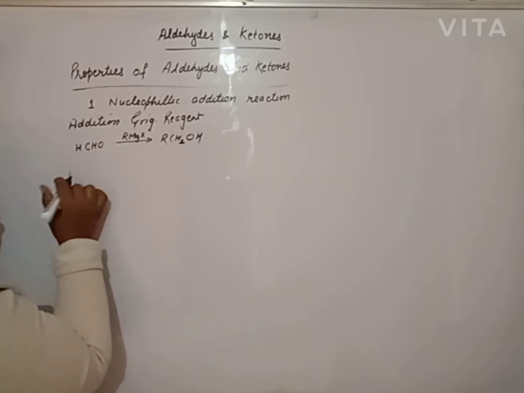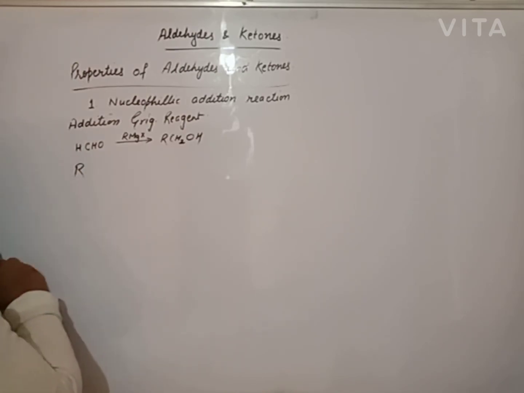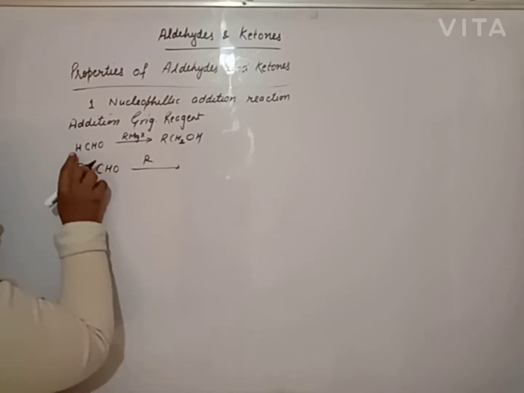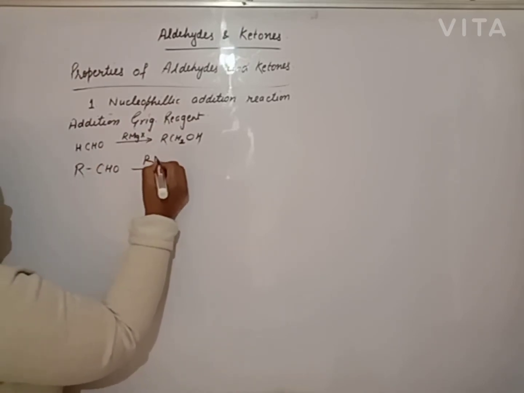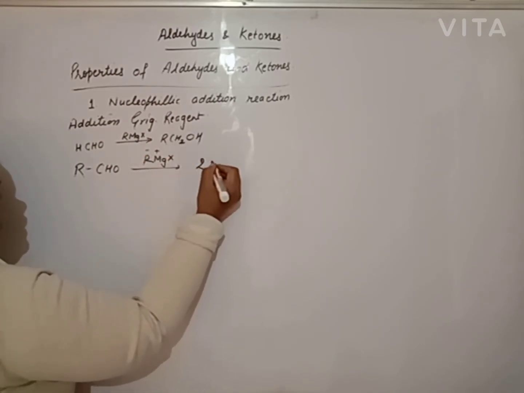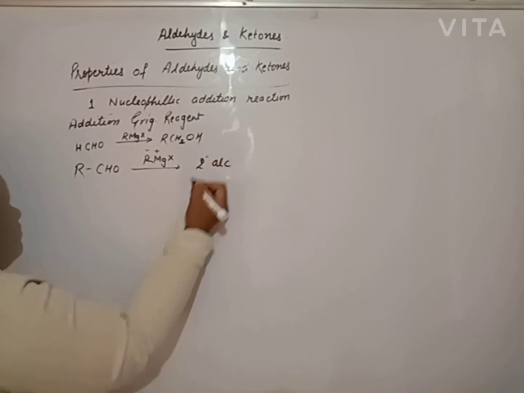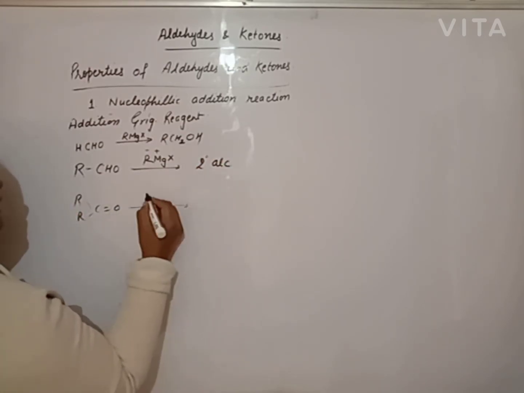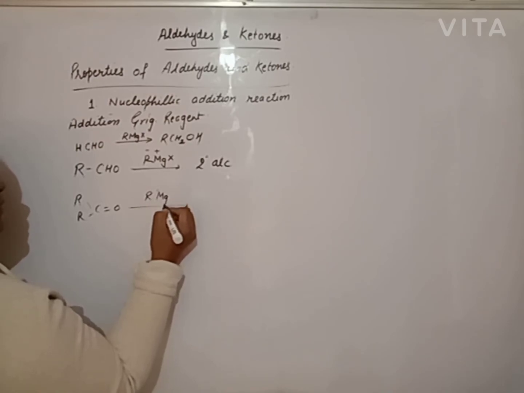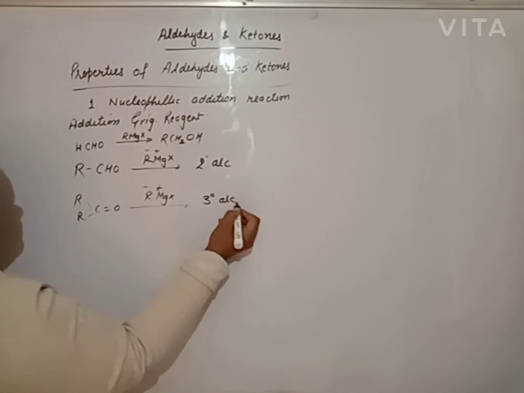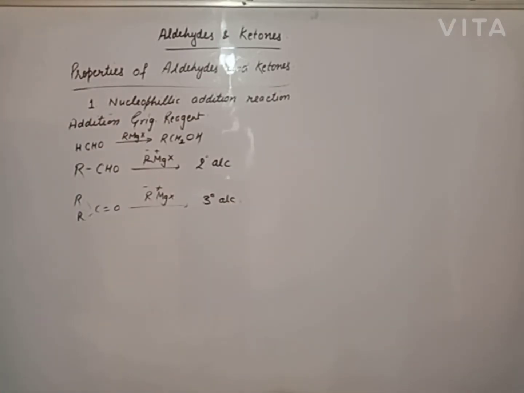If it reacts with aldehyde, all aldehydes besides formaldehyde with Grignard's reagent give secondary alcohol, and ketone with Grignard's reagent gives tertiary alcohol.